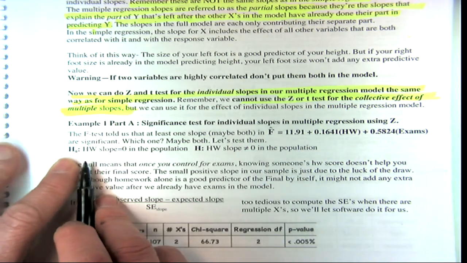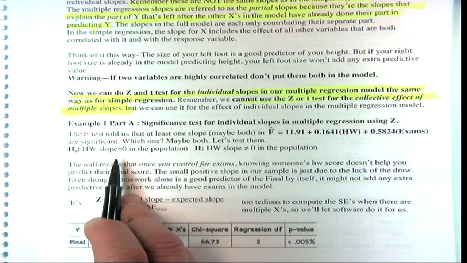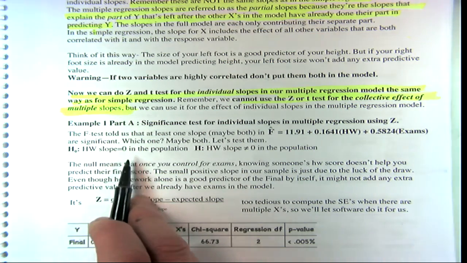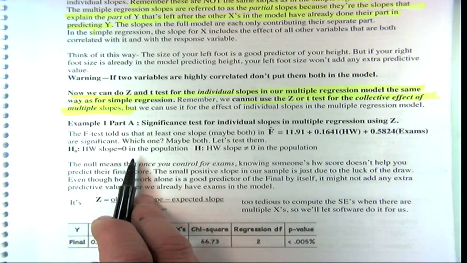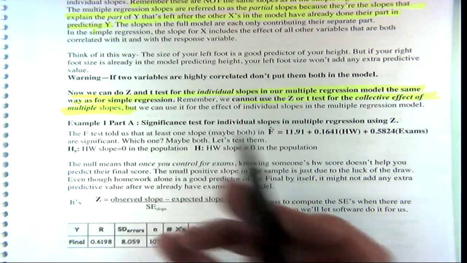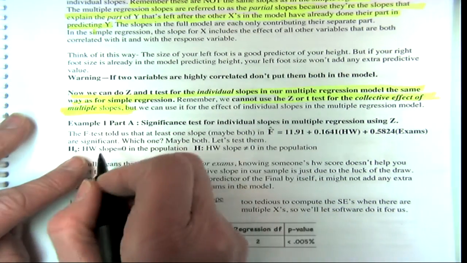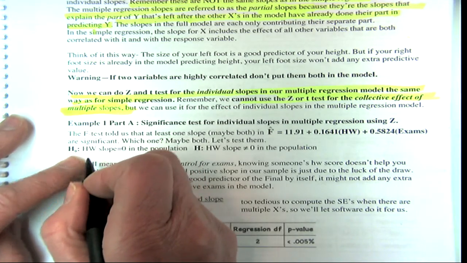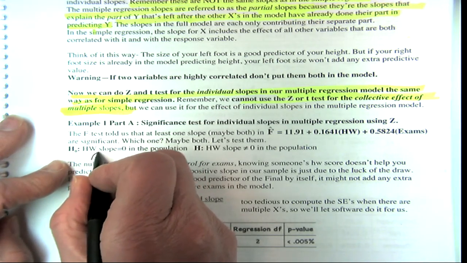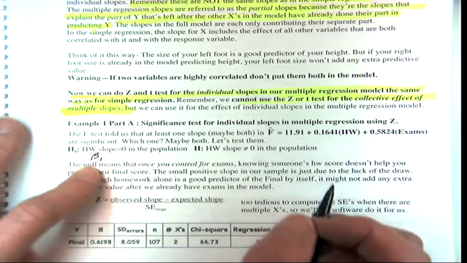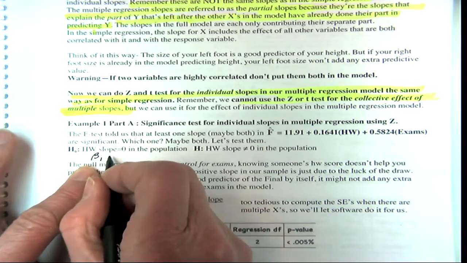All right, so the null hypothesis is what? Let's just start with the homework slope. The null hypothesis is that the homework slope is equal to 0. You could also write that as, if homework was x1, that beta 1 in the population, the Greek letter, is equal to 0.